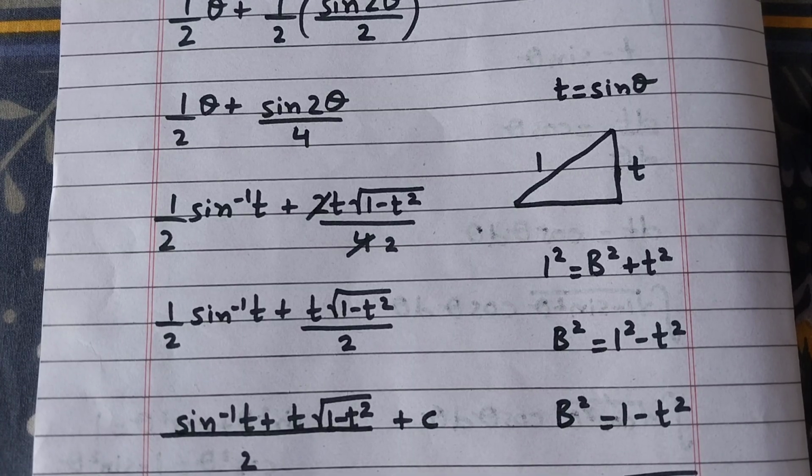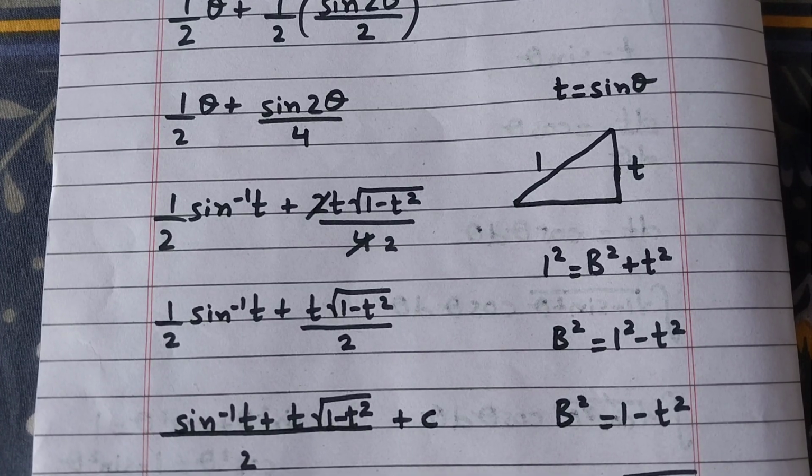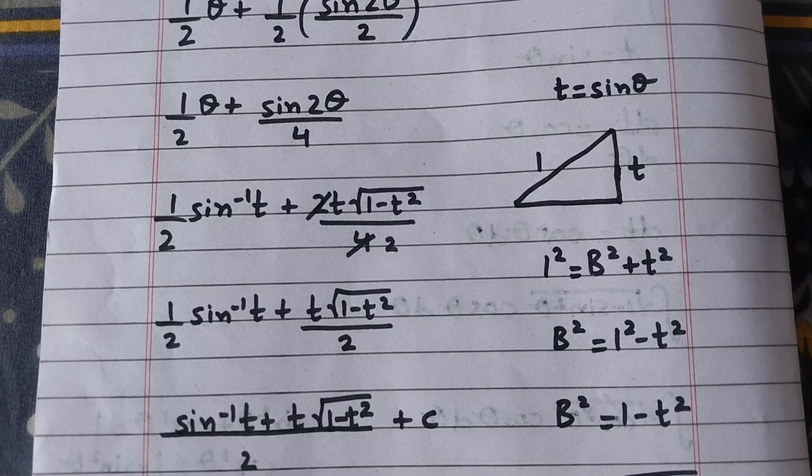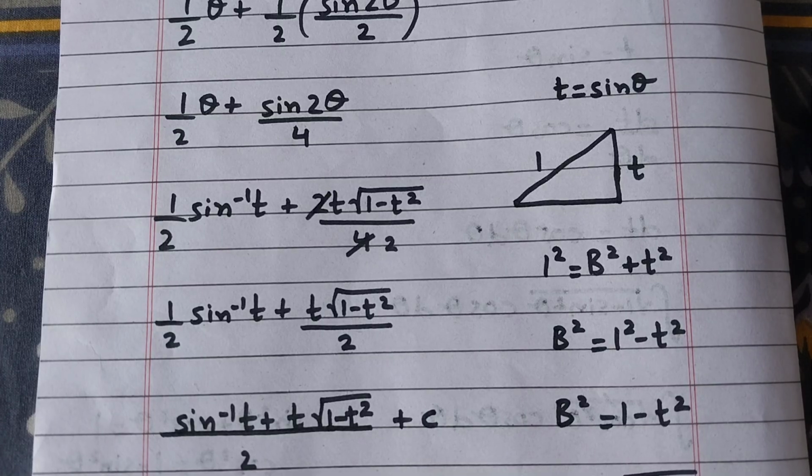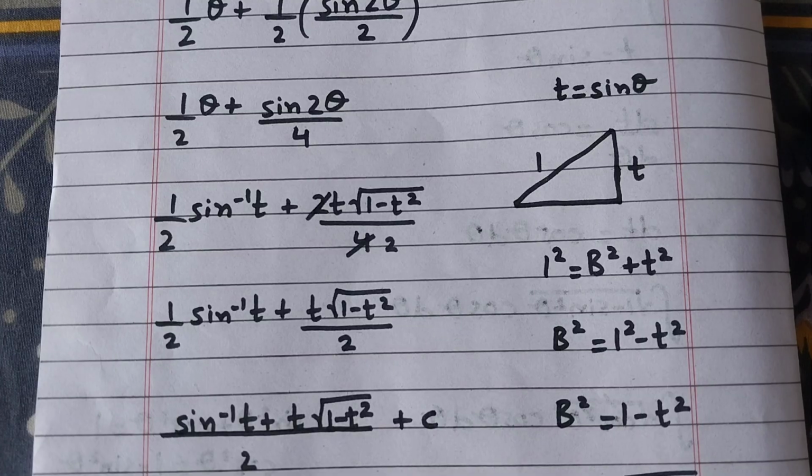So from Pythagoras, we have hypotenuse square is equal to base square plus perpendicular square. So if we find base from that equation, we have hypotenuse square, which is 1, and base, I'm calling it b, we don't have base yet, and perpendicular is just t. So 1 square is equal to base square plus perpendicular square, which is t square.